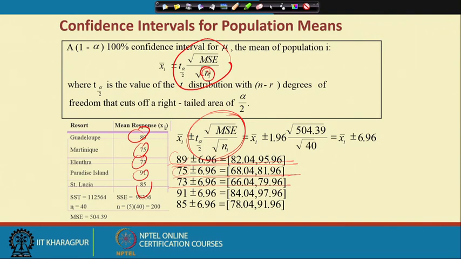So, for a particular mean the confidence interval is different, and for different means the confidence interval will again be different. Likewise, we have a different structure, and this is the mean, and this is the confidence interval for populations, right.